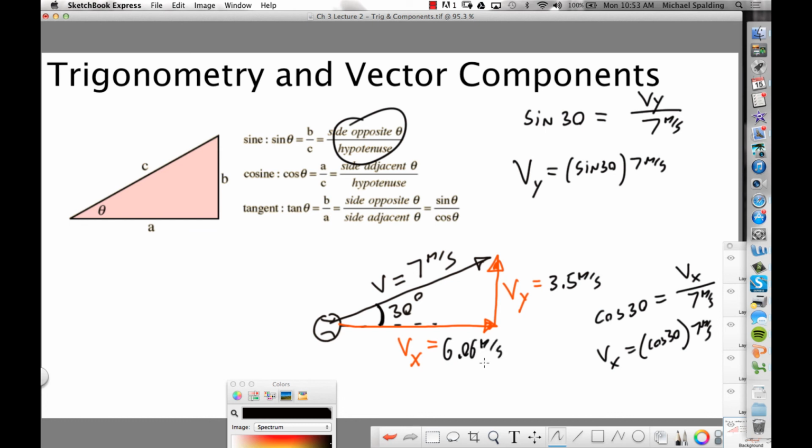And like I just said before, realize that 6 plus 3.5 does not add up to 7 as it would if this were a scalar situation. But everything is correct, and you can verify it with Pythagorean theorem, right? This squared plus this squared should equal that squared, okay? So that's how you break vectors into components. It's just trig. Tomorrow we're going to go through in more detail how you add vectors graphically, and how you add them mathematically.